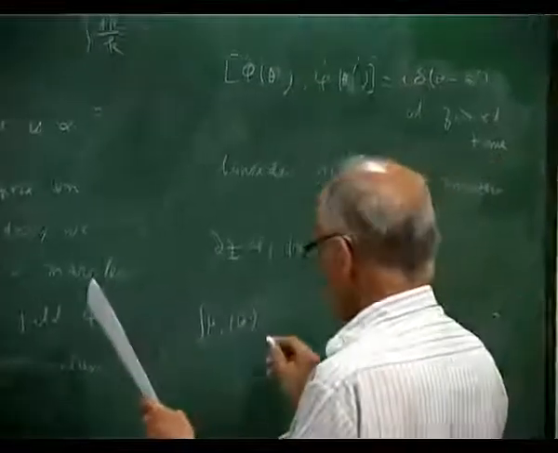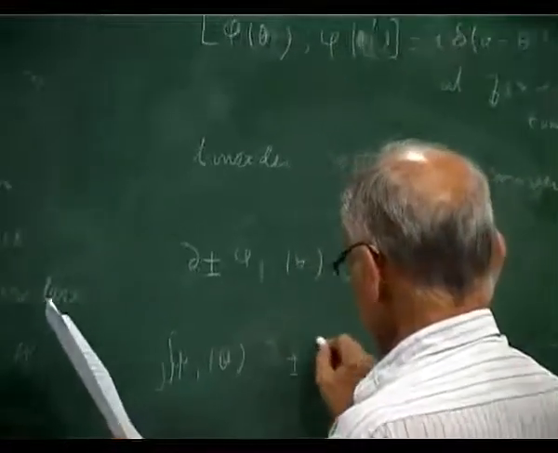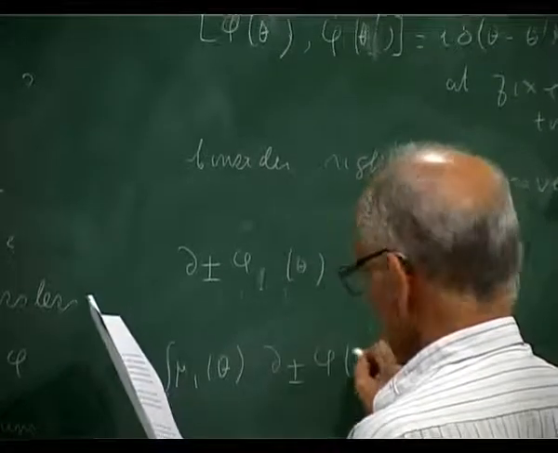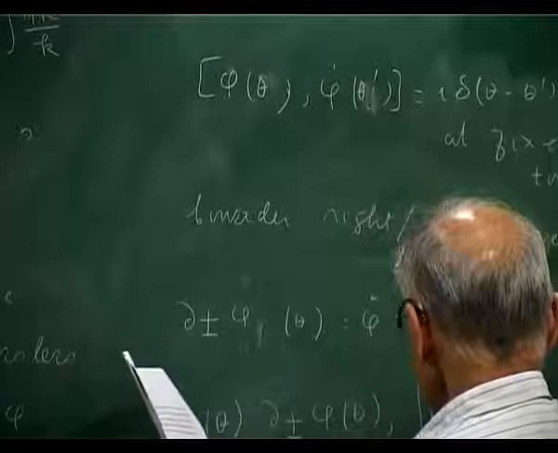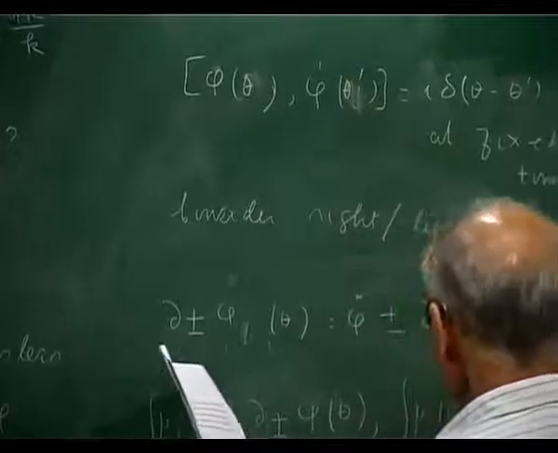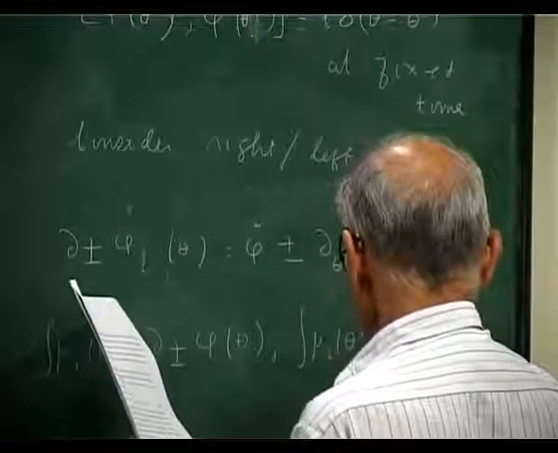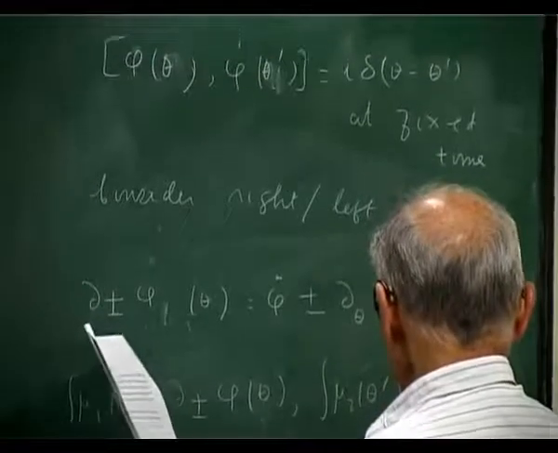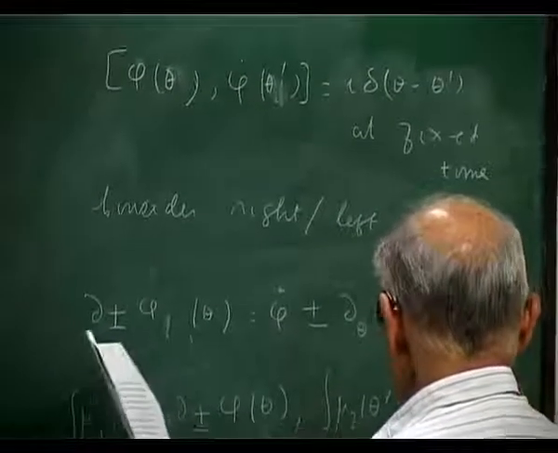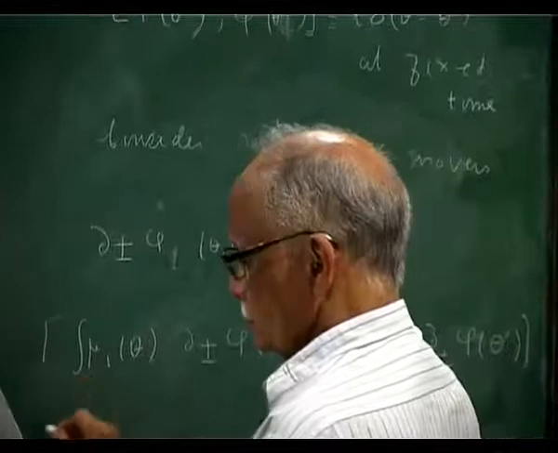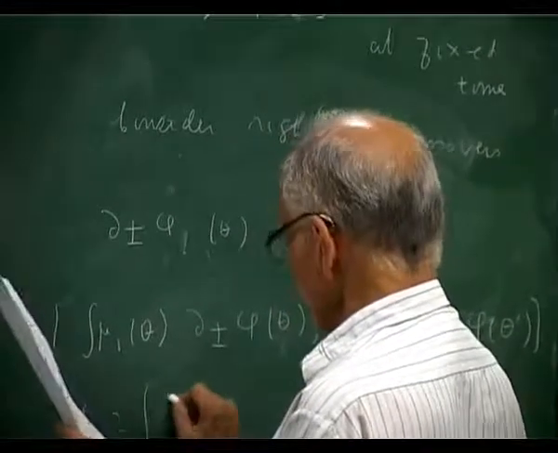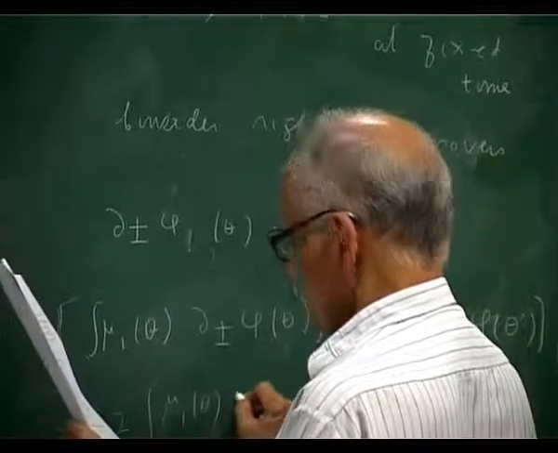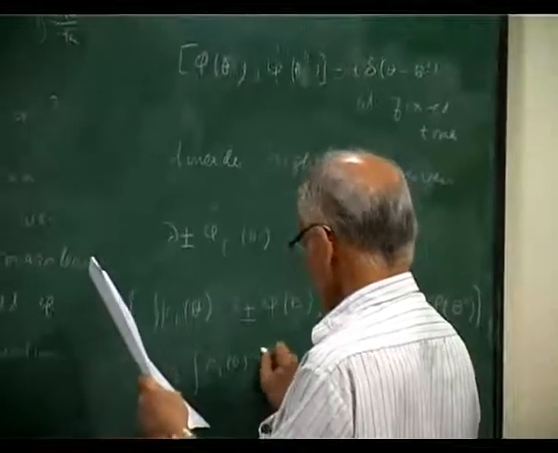Then you write d plus minus phi of theta times mu1 of theta, and d plus minus phi of theta prime times mu2 of theta prime, equal to plus or minus 2 times mu1 of theta d mu2 of theta.